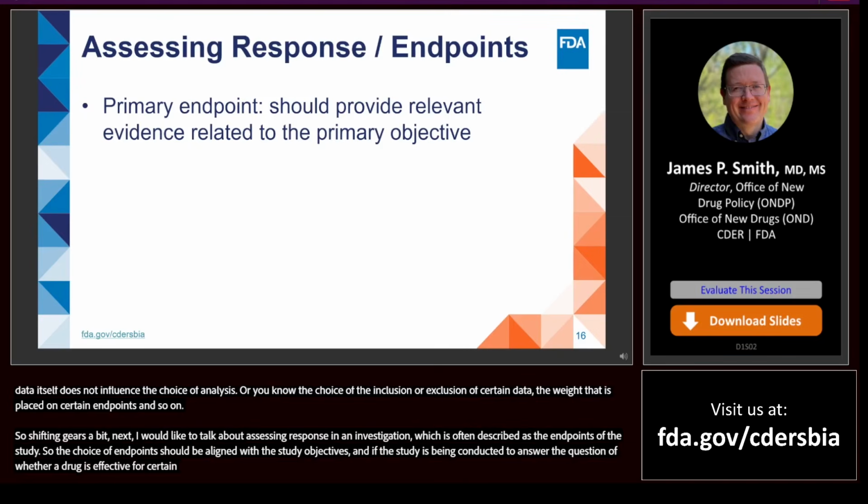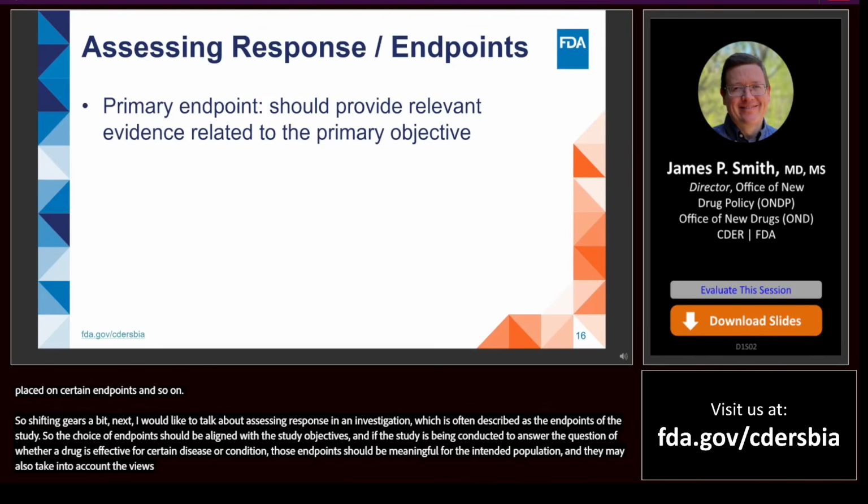The primary endpoint should provide relevant evidence related to the primary objective of the study. And typically the sample size of a trial is calculated based on information related to this endpoint.